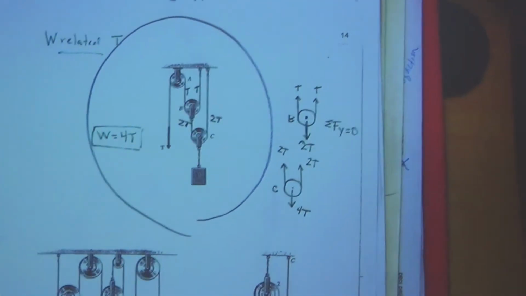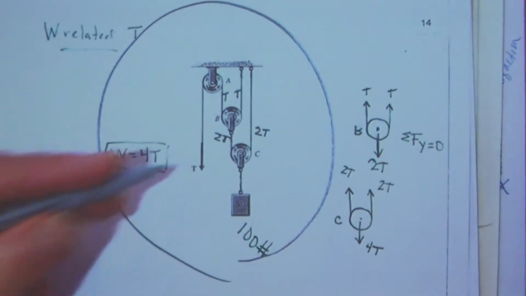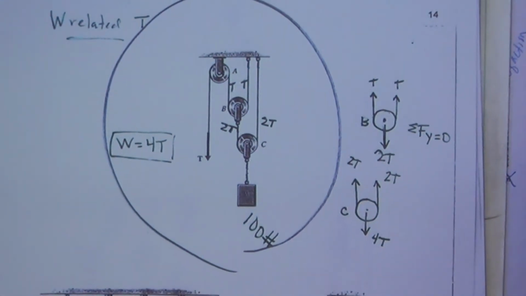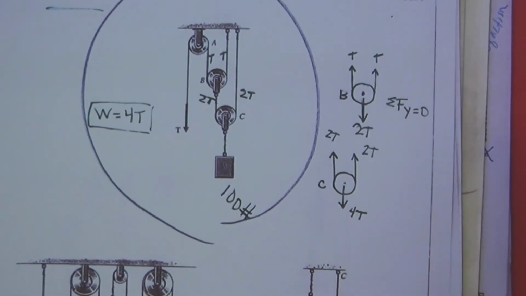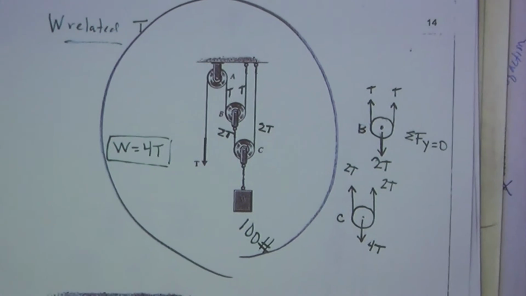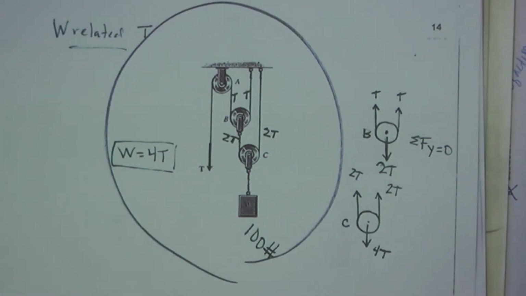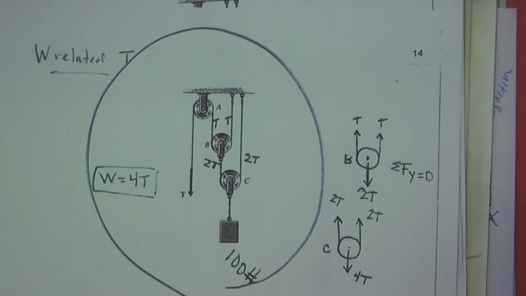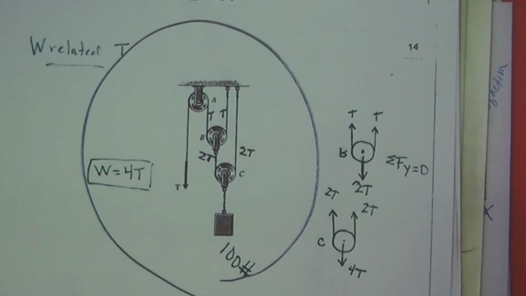Let's say the weight is 100 pounds. How much do I have to pull it at? 25 pounds. I only have to pull 25 pounds, and I'm able to lift that weight that's 100 pounds, because I put a system of pulleys together to make a mechanical advantage. So that acts as a simple machine.